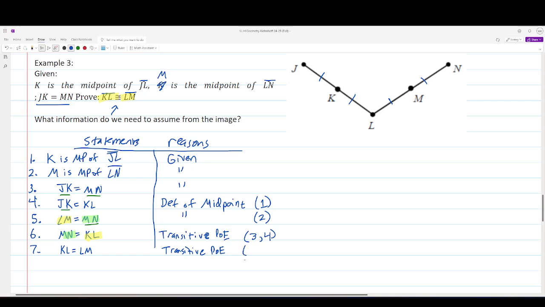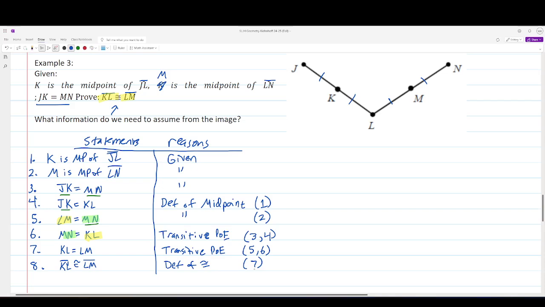And it did transitive using steps 5 and 6 together. Now that those are equal, my last step is for them to be congruent. So KL is congruent to LM using the definition of congruent segments, or just definition of congruence. And that just came from step 7.